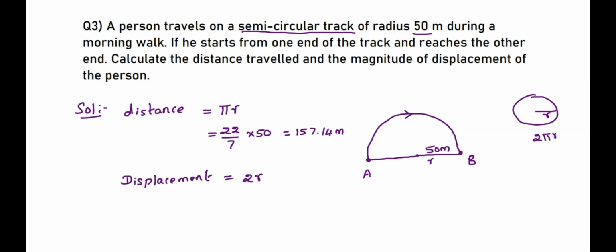That is nothing but equal to the diameter. That is 2 times 50. That is 100 meters. So, I hope these 3 numericals gave you the clarity on how to calculate distance and displacement. Thank you.